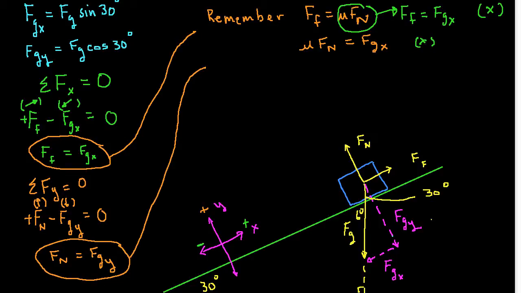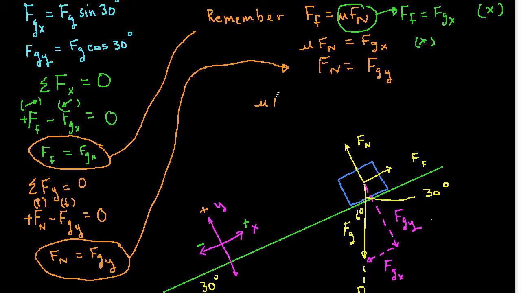Now we're going to bring out the equation from the y direction. So we've got Fn equals FGY. Now what if we take this and divide it by that, then the Fn's will cancel out.